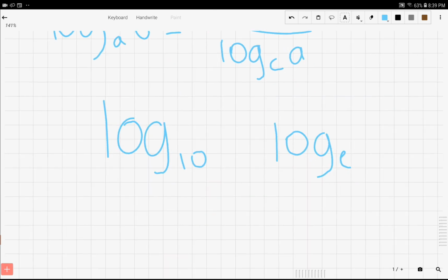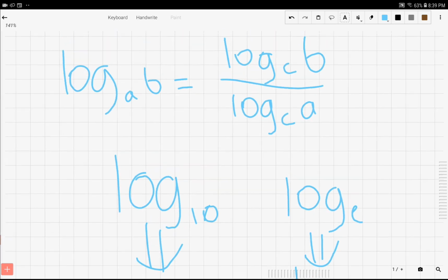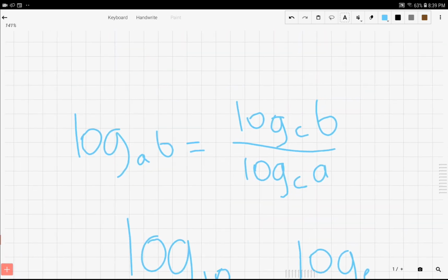And log with a base of e is usually referred to as ln, not log base e, and it's known as the natural log. This is known as just any log. It's a normal log that you take and it's base 10. So we have this change of base formula, and it's extremely useful for just changing the base. That's why it's called change of base formula.